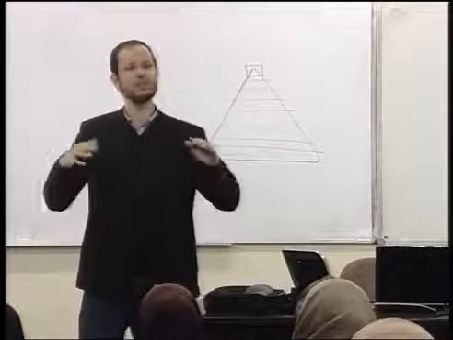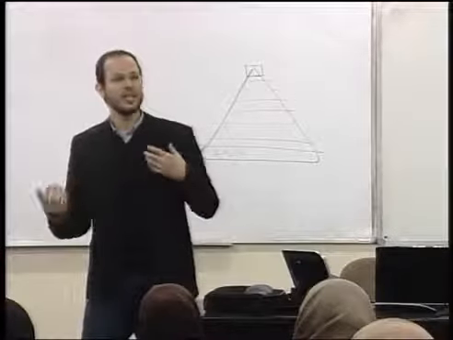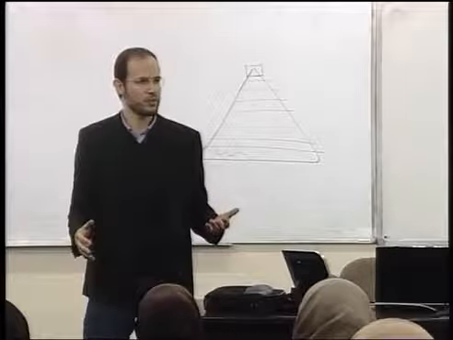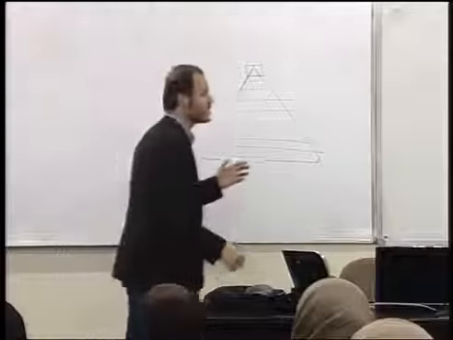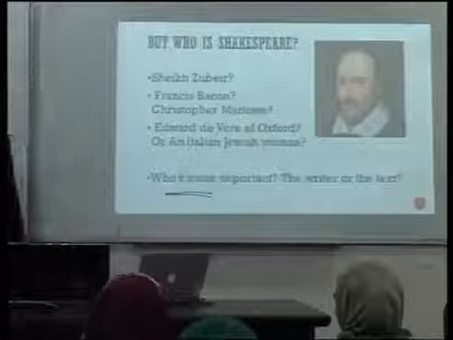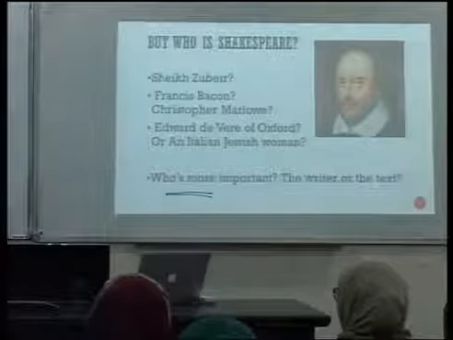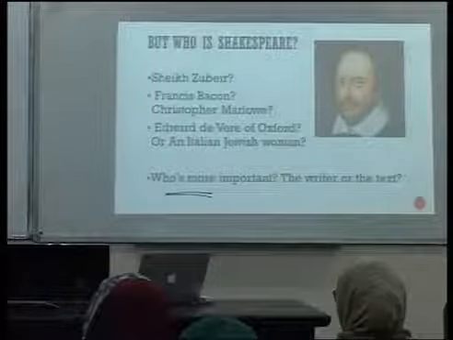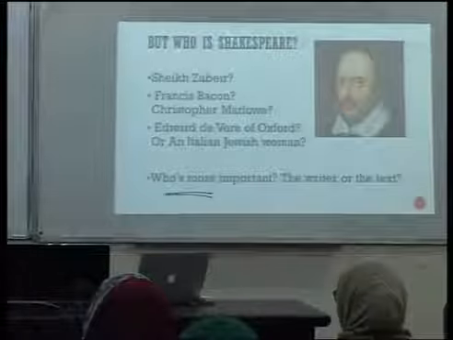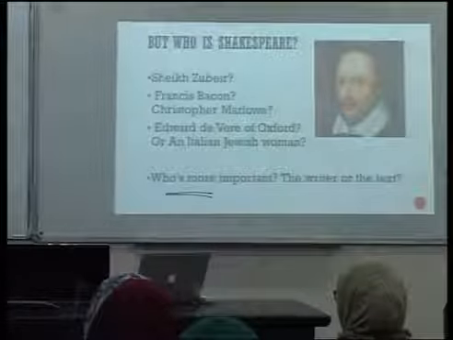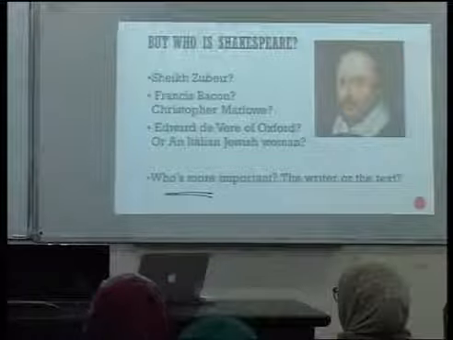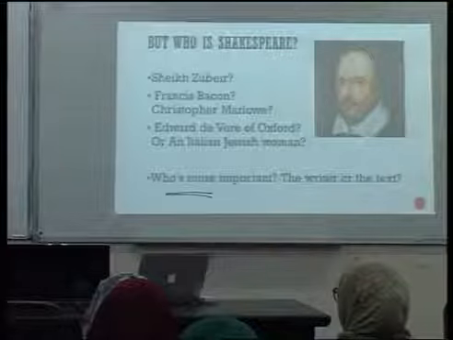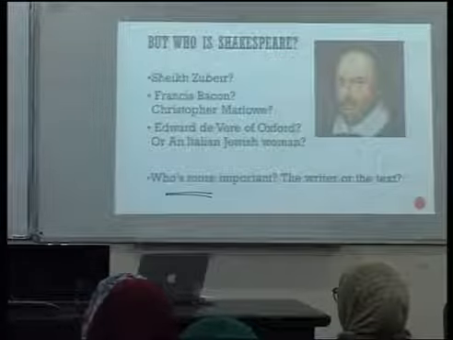But some people in the royalty did not want to be attached with producing plays because this, in a way, belongs to other people. And another interesting theory about who Shakespeare is, there was an article in Haaretz probably 7 years ago, wondering if Shakespeare is an Italian Jewish woman. So not only Italian, but also a Jew, but also a woman. Still interesting. Many people want to claim Shakespeare for themselves.